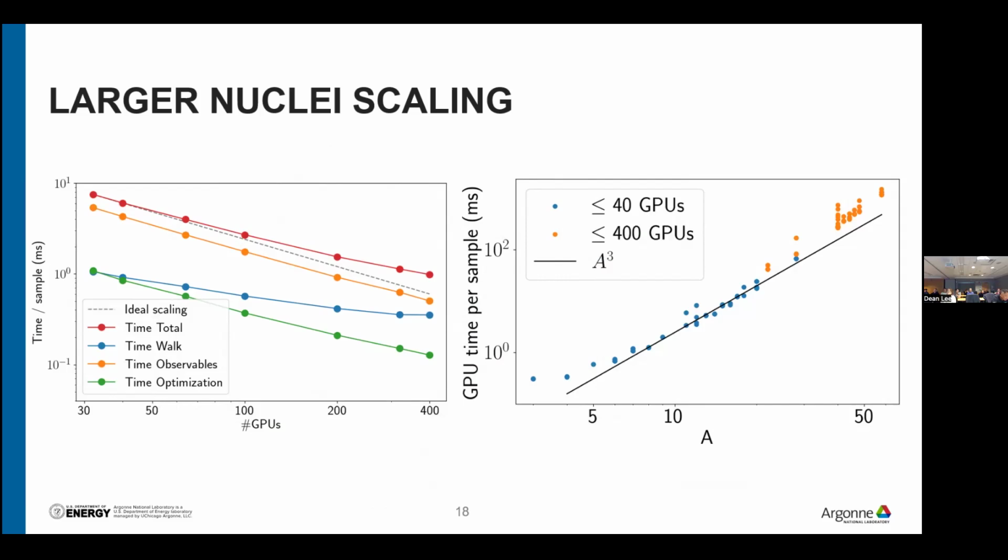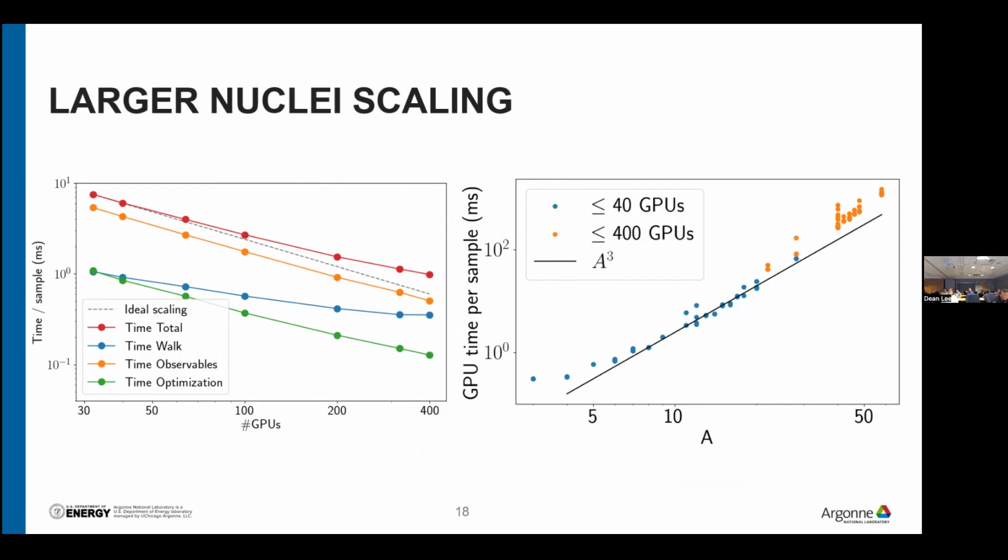More questions? Yes. So should I view the A cubed scaling as a consequence of the short range force? Or is it... The A cubed is coming from our anti-symmetrizer in the wave function.